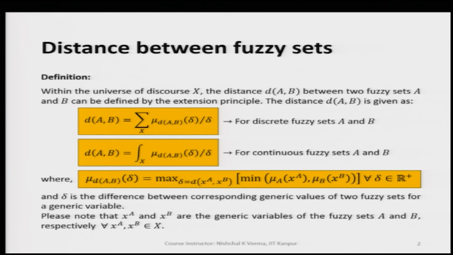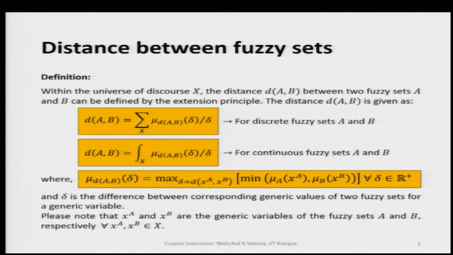This fuzzy set will have the generic variable value delta as well as its membership values. And of course, delta is the difference between corresponding generic variable values of two fuzzy sets for a generic variable.